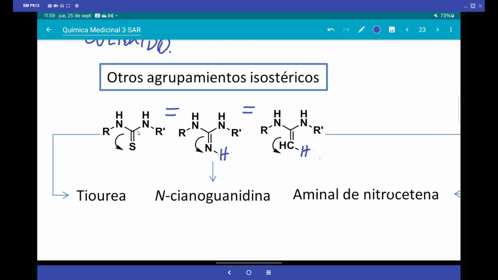what can you tell me about this fragment: neutral or positive? Yes, it is like an oxygen. Neutral, very well, because the electron pair of this one is in resonance, and that of the other is also in resonance towards the sulfur. So, very carefully, urea or thiourea are always neutral to pH.